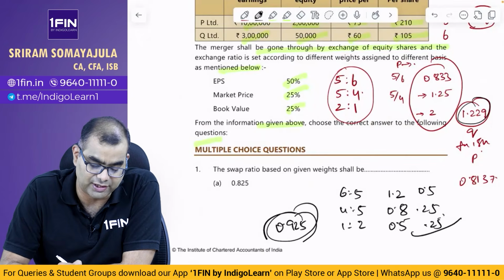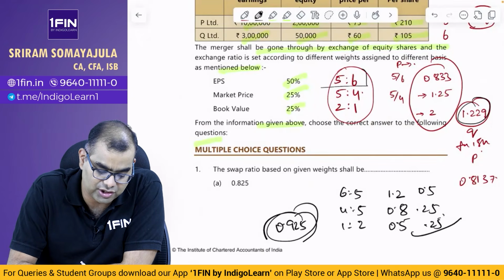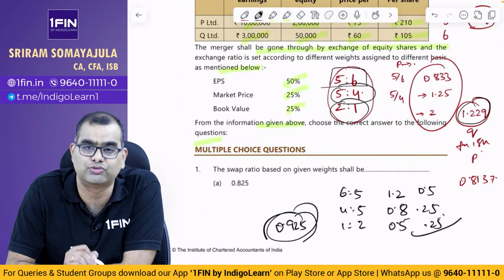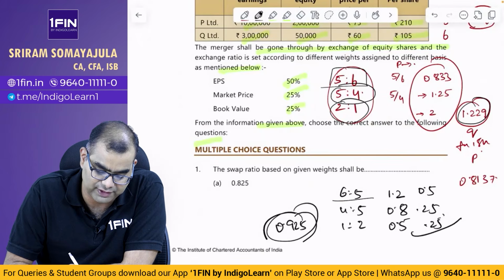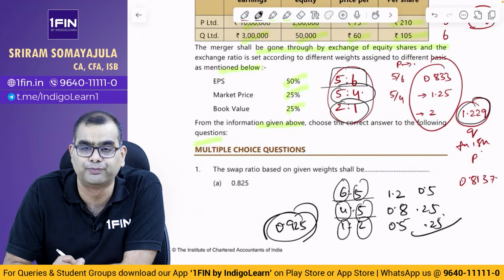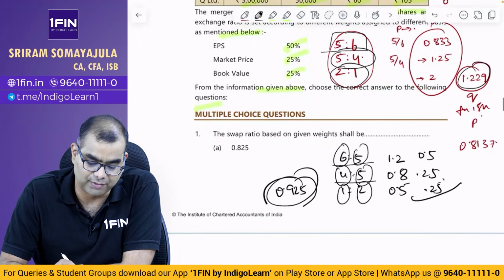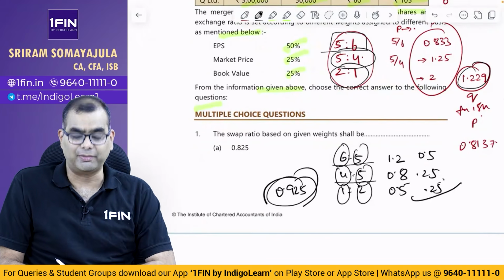But one way you can actually look at it, which I told in class also, is if the ratio of EPS is 5 is to 6 or market price is 5 is to 4, book value is 2 is to 1, the swap ratio is inverse. So the swap ratio actually is 6 is to 5, that is 6 shares of P is equal to 5 shares of Q, 4 shares P is equal to 5Q, 1 P is equal to 2Q. Now, if this is the swap ratio, then you directly do the division, that is 6 by 5, 4 by 5, 1 by 2.